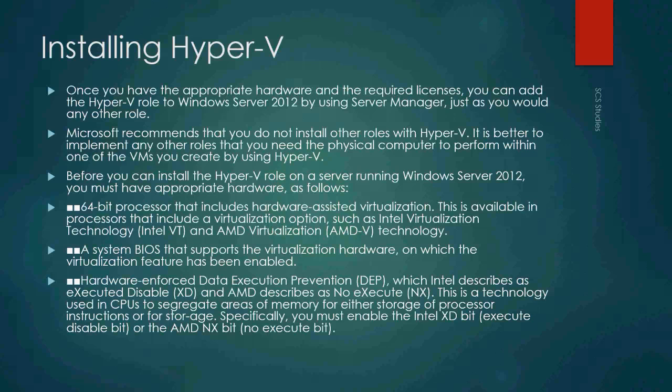So this basically means, if you have the proper operating system license like Datacenter or Standard, you can go to Server Manager and install the Hyper-V role as required. It is just similar to other role installations.